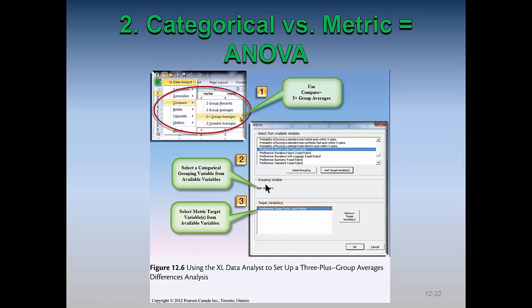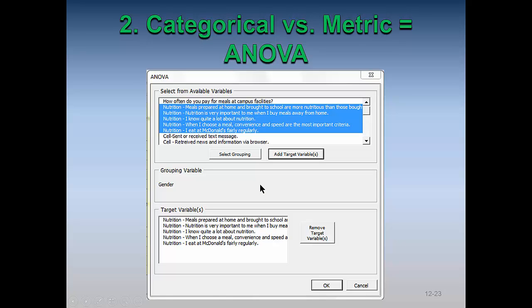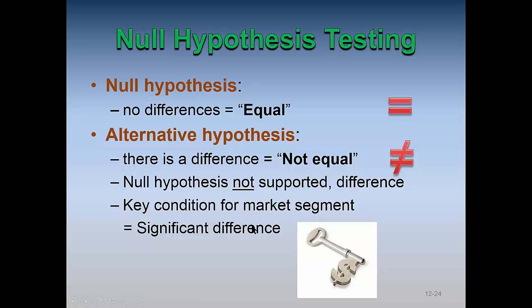So what we're going to do again is run the 3+ groups average, selecting the gender as the grouping category, and then selecting all the nutrition questions into the target variable. All right, and then what we're looking for is not equal.